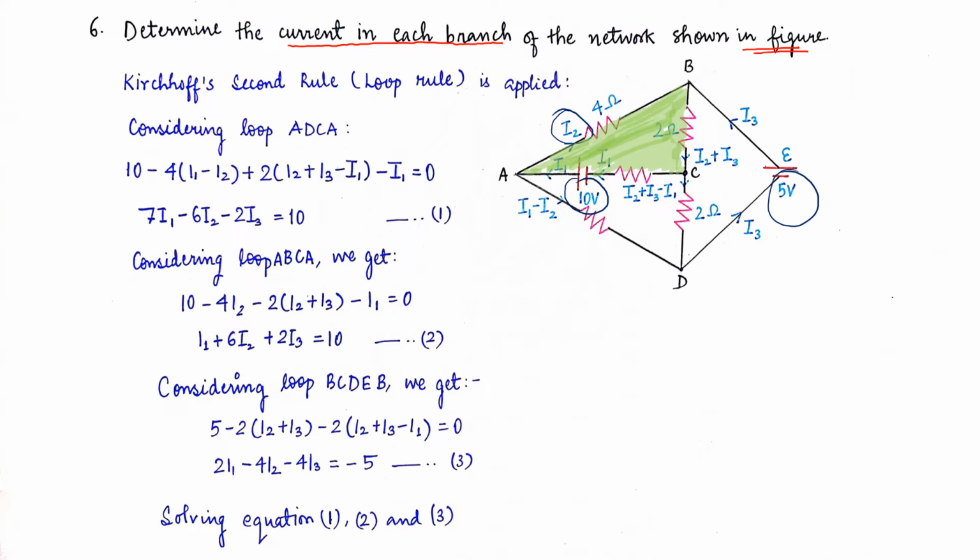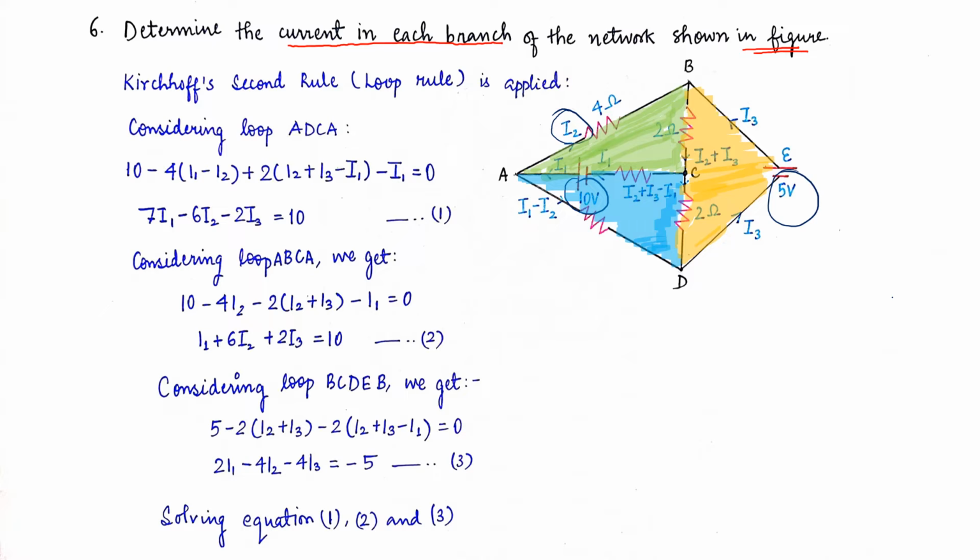This is loop number 1. I am taking light blue color for loop number 2. This is our loop number 2. And I am taking yellow color for loop number 3. This is loop number 3. So these are the loops.